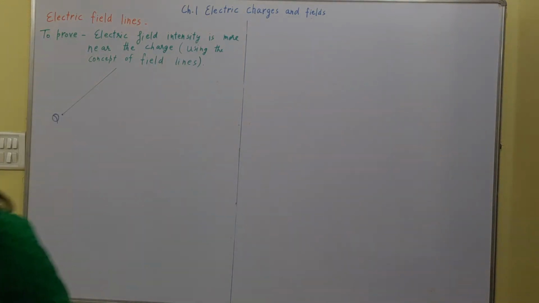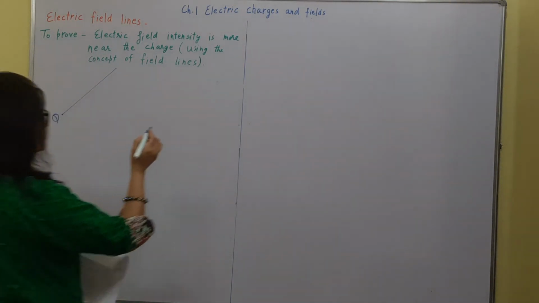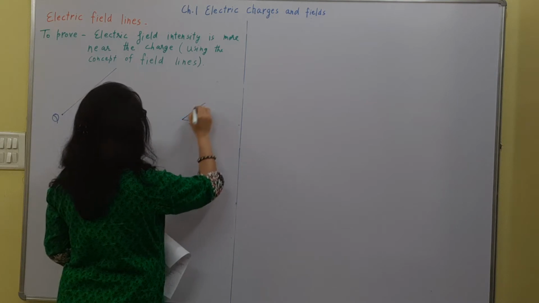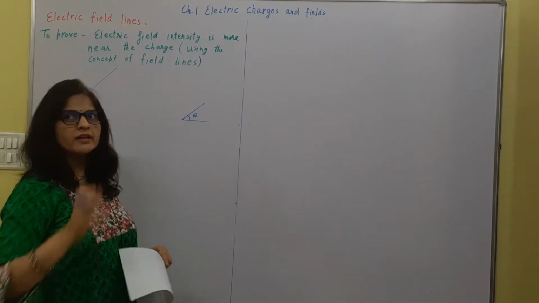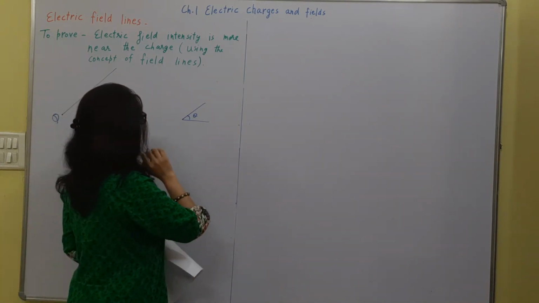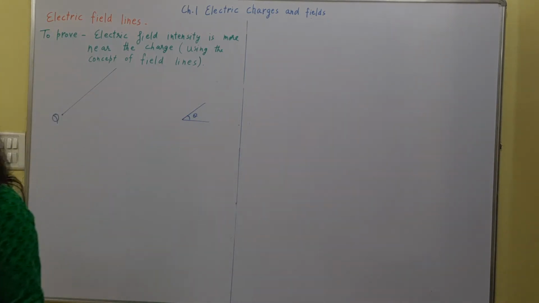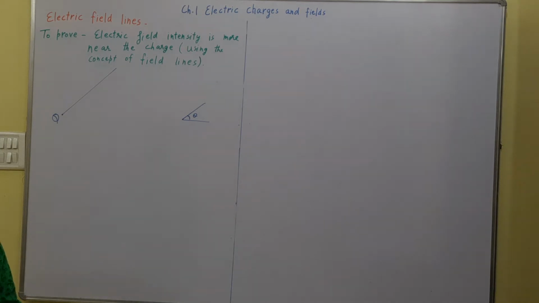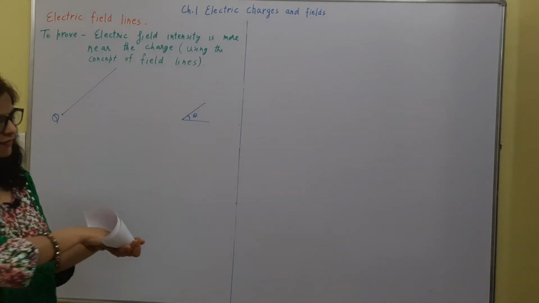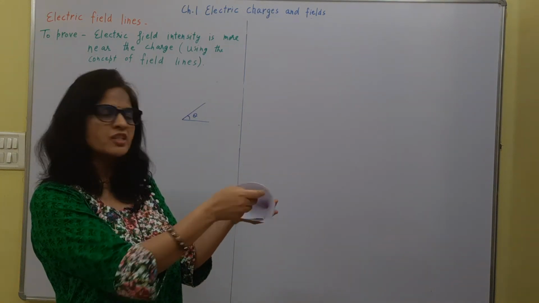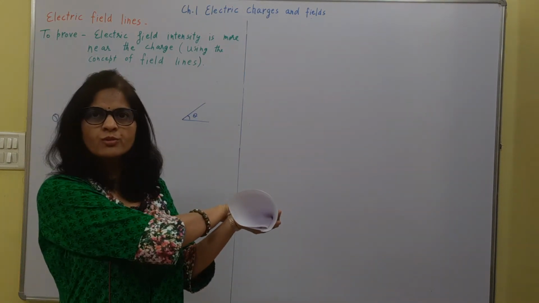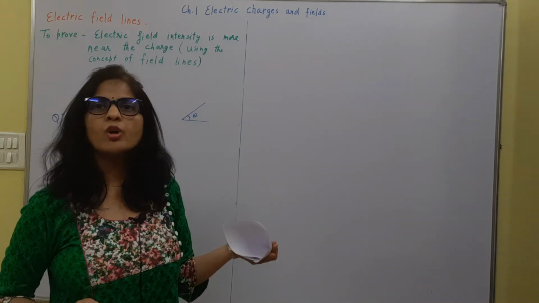Plane angle can be drawn on a plane. And the concept of solid angle, which you have studied in 11th standard, is like this. You have seen a birthday cap. So for a birthday cap, if you have a cone, then the angle here, which it makes with the vertex of the cone, is called the solid angle.